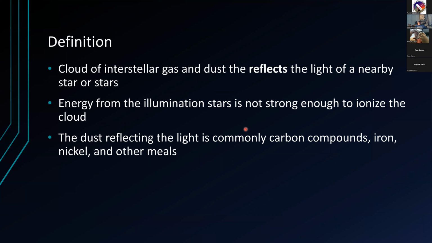The difference here is that the nearby stars illuminating the gas aren't putting out enough UV or higher in order for the gas to ionize and emit light on its own. So the light from these younger stars essentially just bounces off of the gas, and that's what we see.